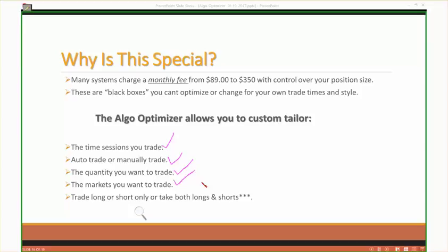You can trade long or short only, or take both signals. If we're feeling that the market is all bullish, I don't want to take any sell signals. You can just turn off the short side and take long signals only. You have control over which side of the market you want to be on as well. That's a unique function in the market.